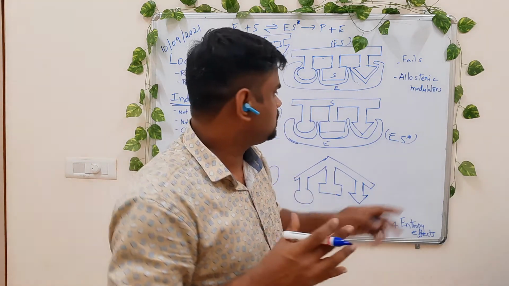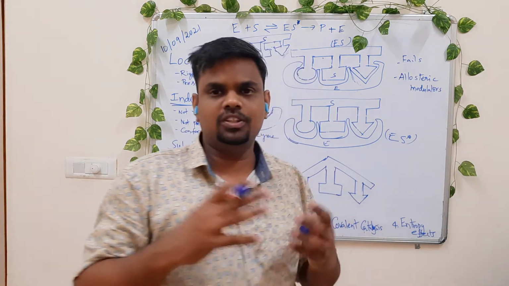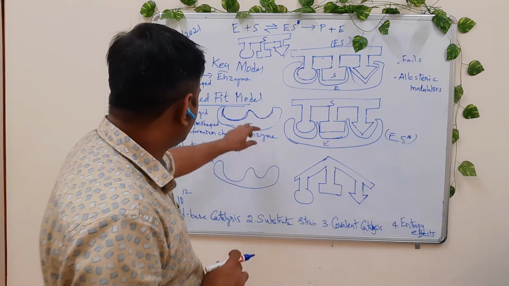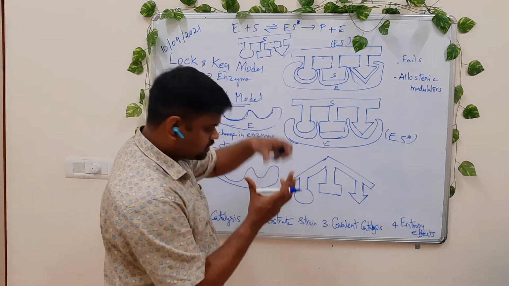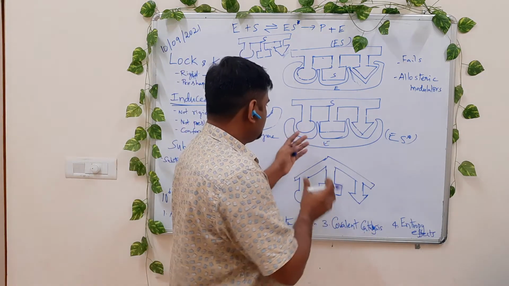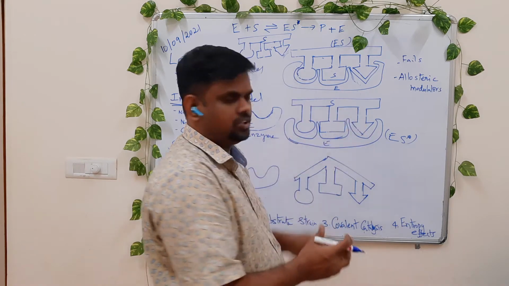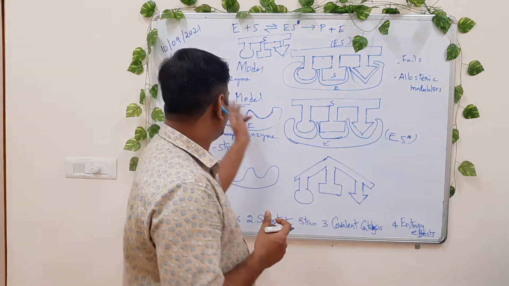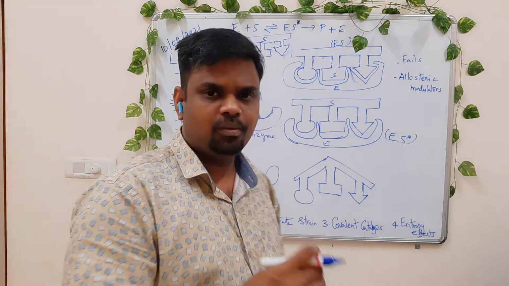That is how this ES is formed. This intermediate ES is formed because the enzyme is not rigid or pre-shaped. Once the substrate with a certain shape comes into contact, they form the required structure to form the intermediate. So that is the second model, called the induced fit model.